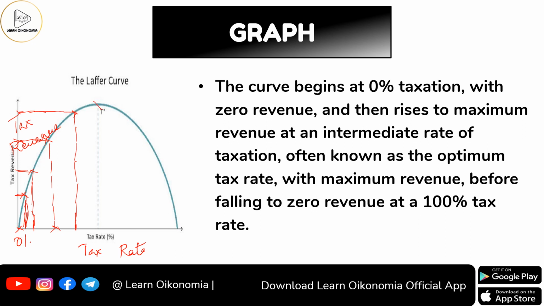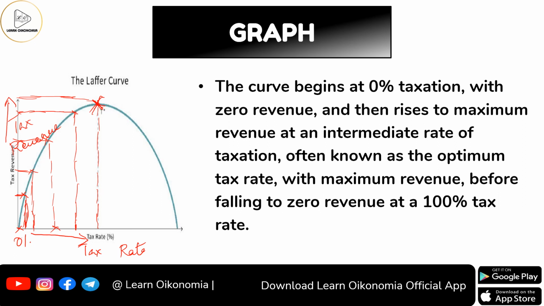Again, what about this point? At this point, the tax rate would be this much and the tax revenue would be something here. Okay, so what we could see till this particular point is that with increase in tax rate, your tax revenue is also increasing, isn't it?